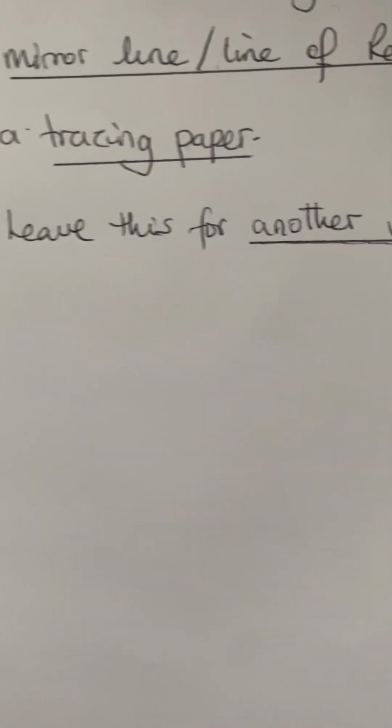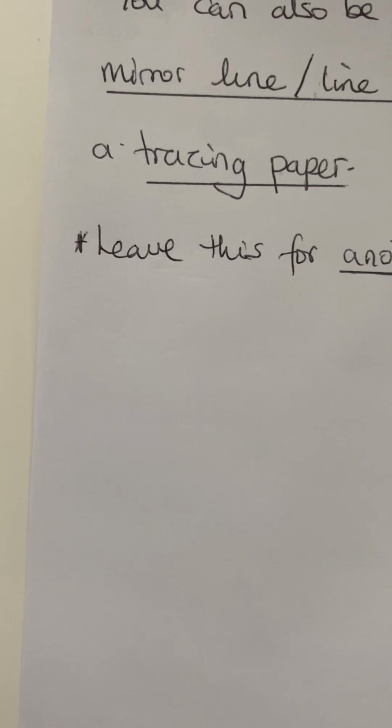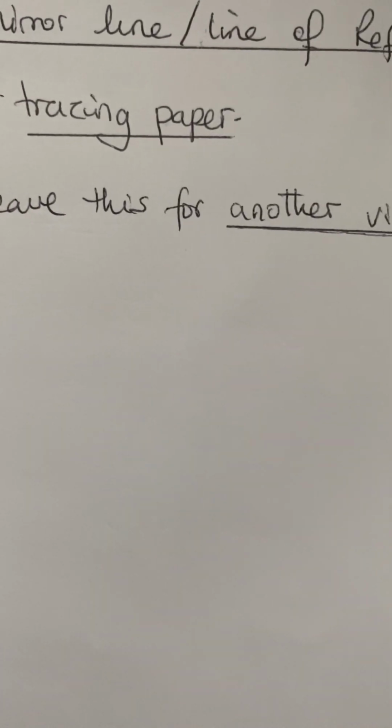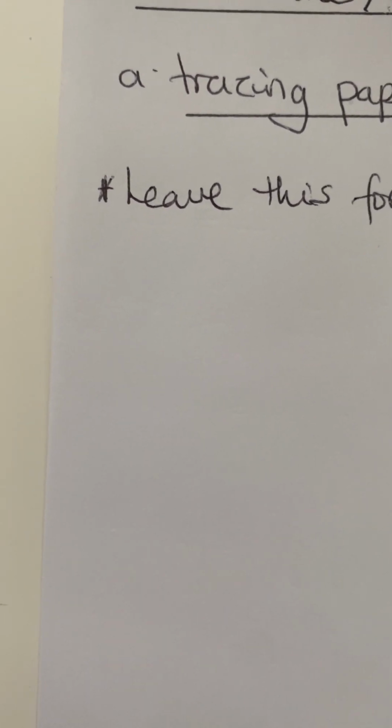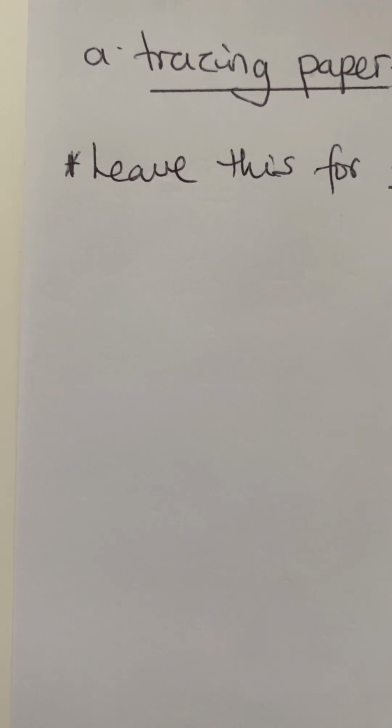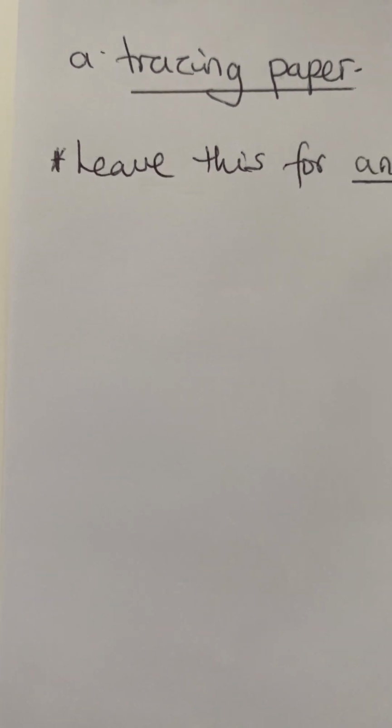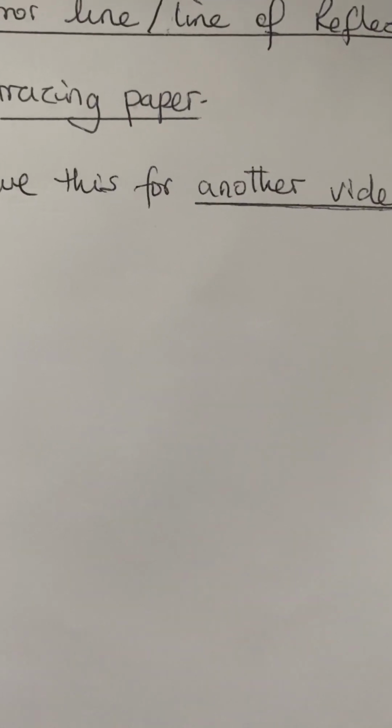You can also be given a shape, no coordinates, and a mirror line on the graph, and asked to find a new image, given a tracing paper. Hopefully that will be for another time. I'll bring a tracing paper and show you how it's the same thing, but they will ask you to use a tracing paper.